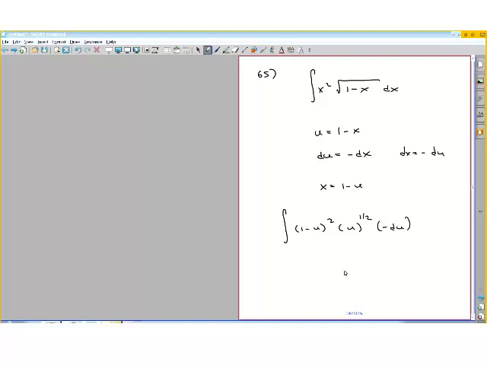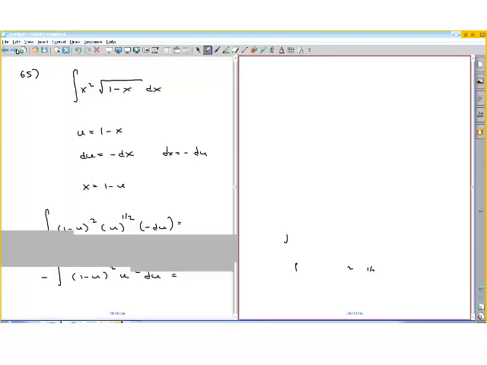So now we've got this whole thing in terms of u. We can factor out a negative sign, so we get negative the integral of 1 minus u squared times u to the 1/2 du. Typically you have to just multiply everything out and then integrate it. You can't really use the chain rule or anything like that.